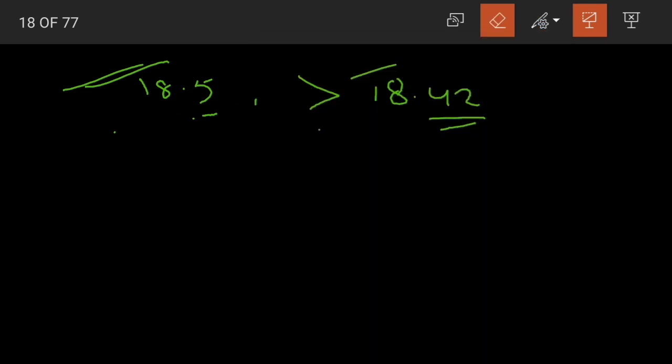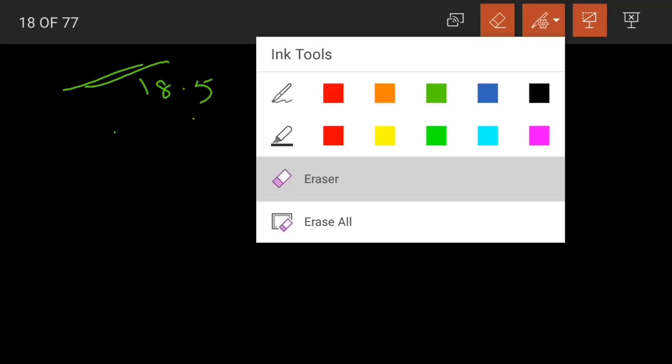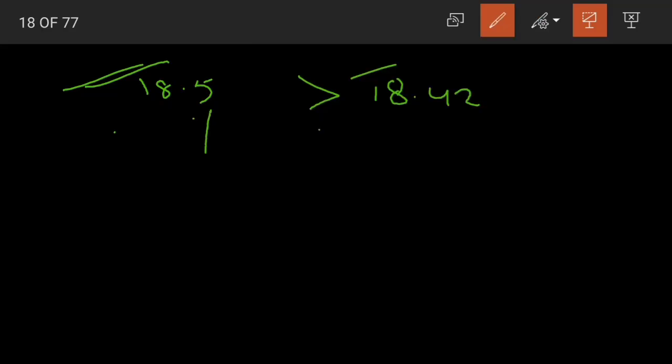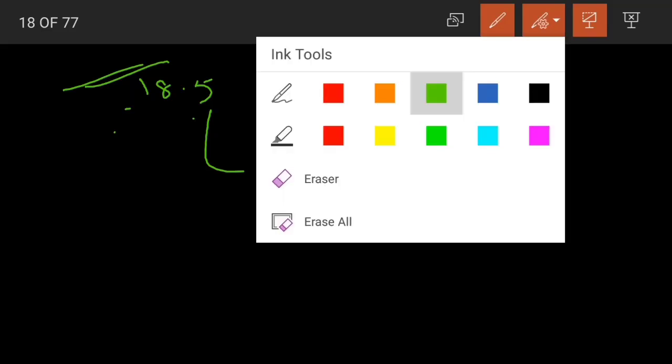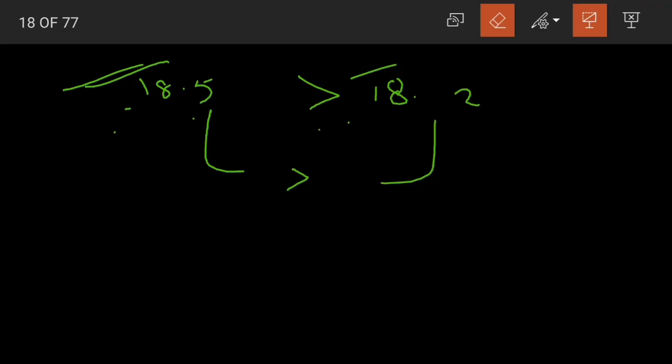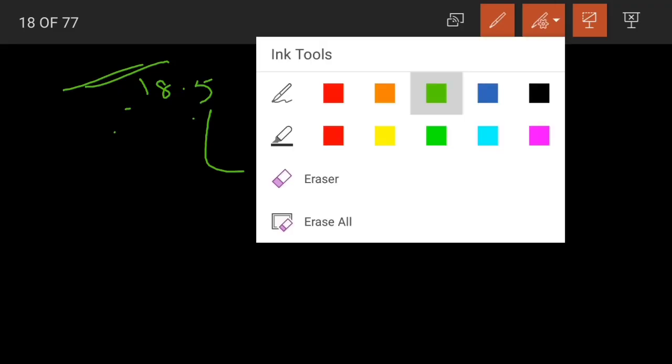Or else, if you don't want to do this, what you can do is simply compare the digits in the 1/10 place. 5 and 4. 5 is greater than 4. So 18.5 is greater than 18.42. What if we have 5 even here, in 18.52? Yes, even the digits in the 1/10 place are the same. Now what will you do?